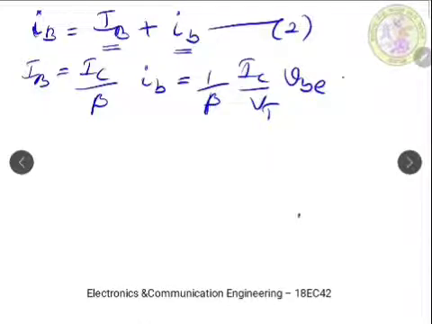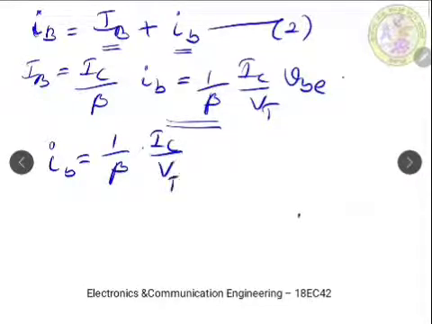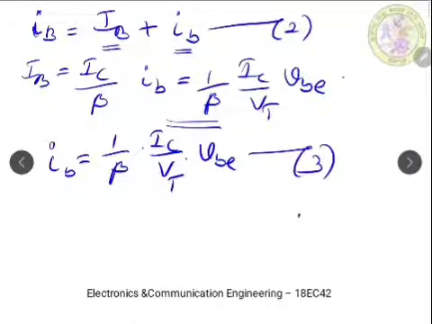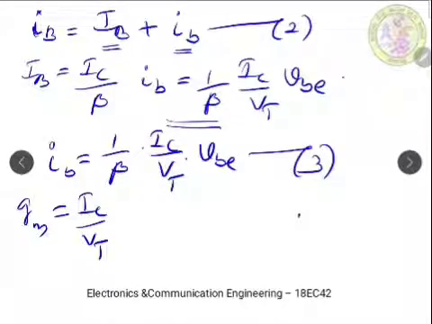Now we will consider particularly the component small ib, which equals 1 by beta into IC by VT into vBE. We are going to make some substitutions here. From the previous session we know the transconductance gm is given by IC by VT, and in the above equation we also have this IC by VT term, so it is possible to introduce the gm term.